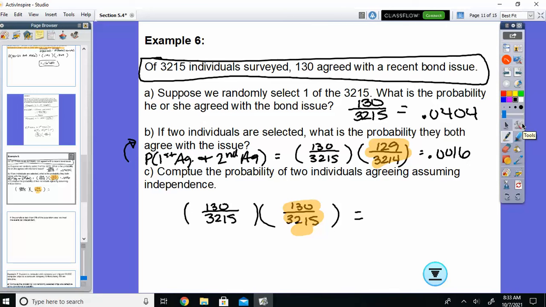That's what I wanted to show you here. And so we get 0.0016. If we had kept more decimal places, we would have seen the difference. The last one was 2.3. After that, this is 3.5. So a slightly higher chance, but not much.